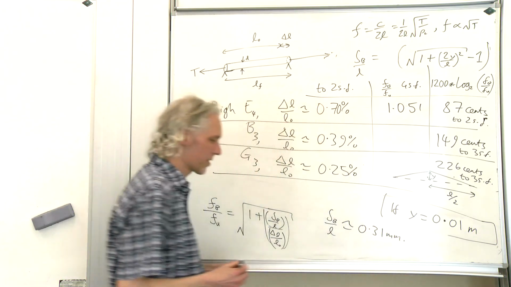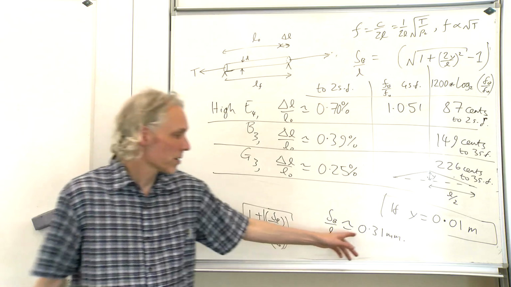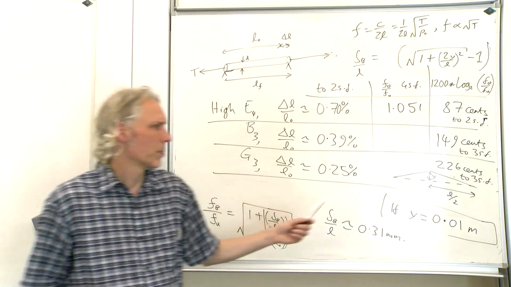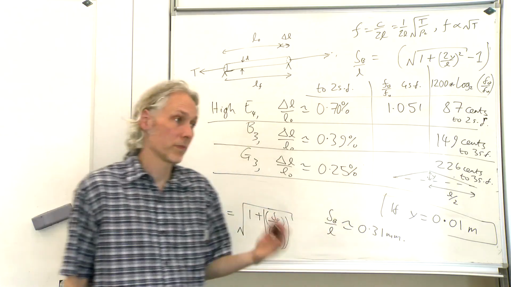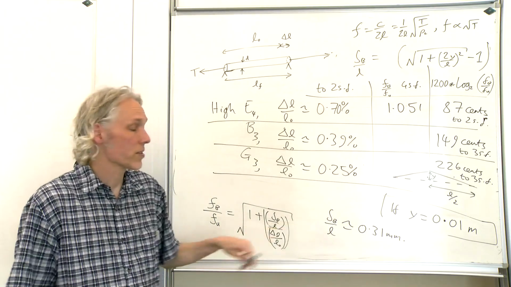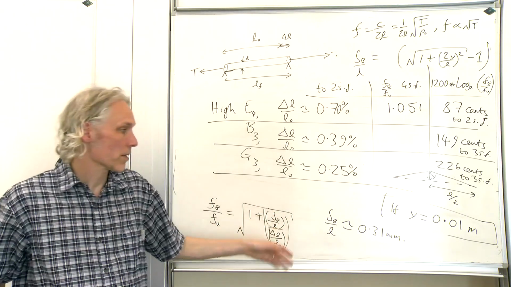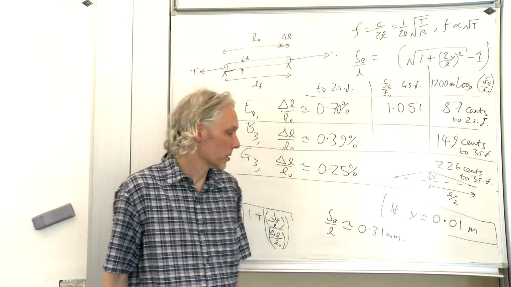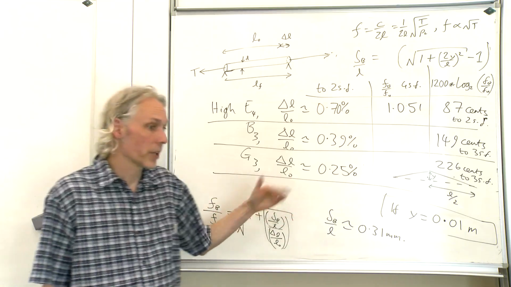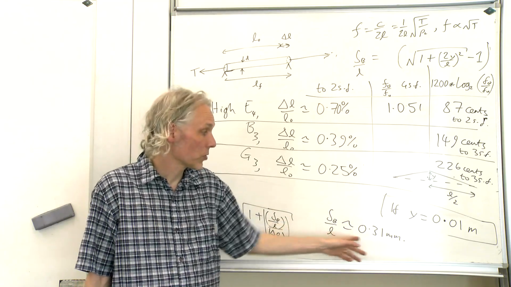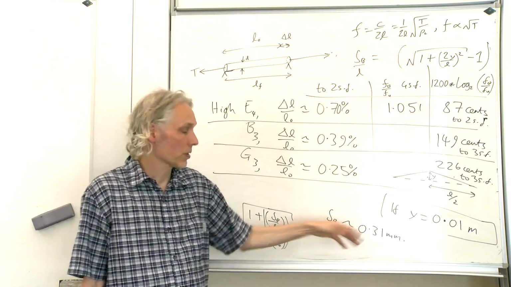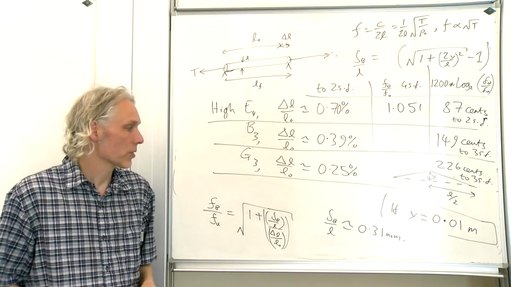Okay, so the distance of stretch required to put the string out on the G string by 226 cents, more than 2 semitones. You have to stretch that string over its entire length by 0.31 millimeters. To tune a string up by a whole tone or down by a whole tone, roughly you're going to be moving the actual string over the tuning pick by something like 0.3 millimeters to achieve that.